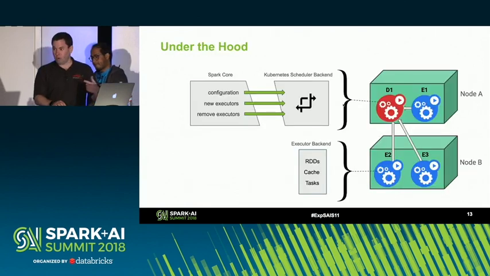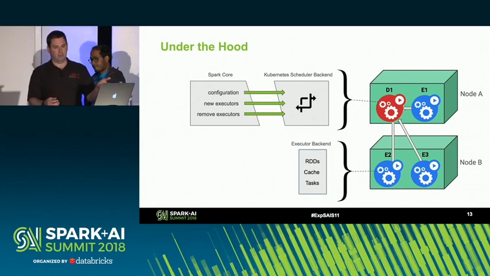Now, if we look a little more under the hood, what's happening here? There's the Spark core, which is the main Spark code, which is mostly agnostic to where it's running. That Spark core has things like, here's how I want things to be configured, and I want so many executors now, or I don't need so many executors now. That's the responsibility of the Spark core.